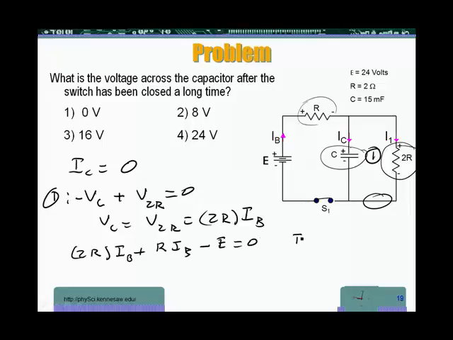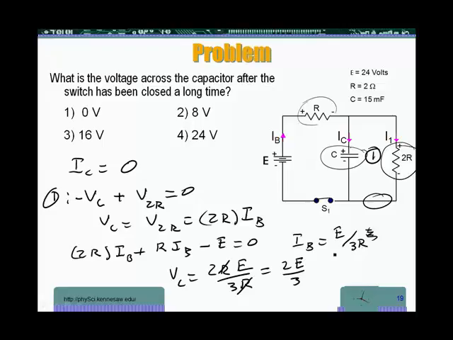So I sub B is actually equal to E over 3R. Let me plug it in there, which makes VC equal to twice R E over 3R. The R's cancel out and we are left with 2E over 3.